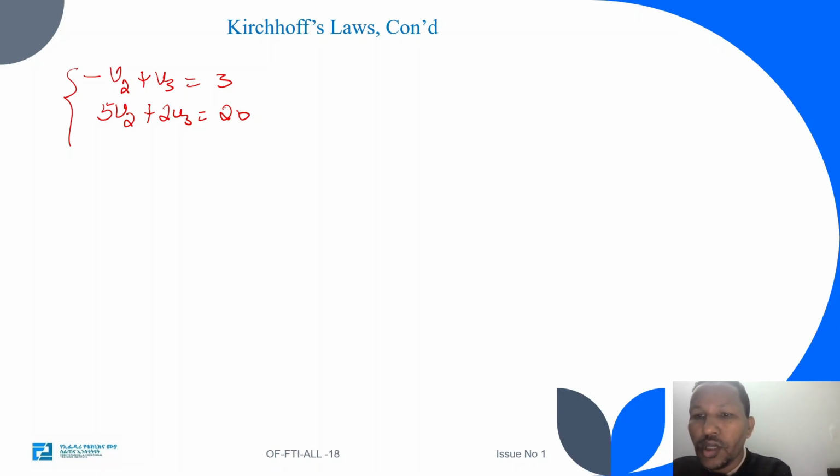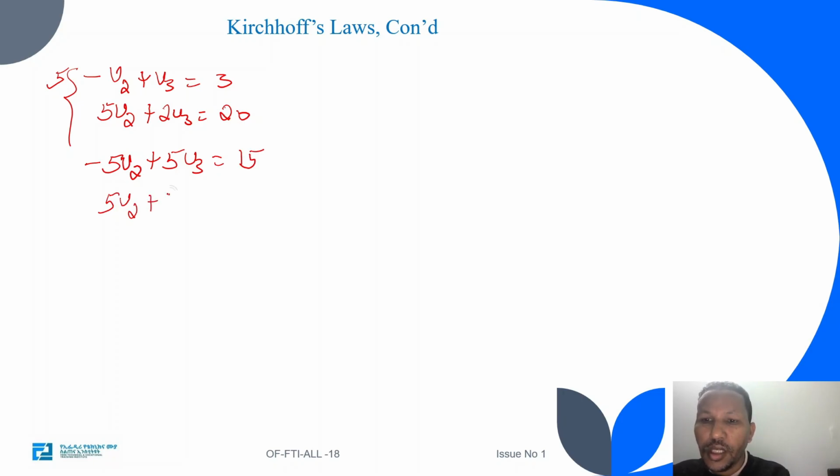Let's multiply equation 4 by 5. So you'll have minus 5V2 plus 5V3, which is equal to 15, and 5V2 plus 2V3, which is equal to 20. So let's add together. So V2 will be cancelled, and you have 7V3, which is equal to 35.